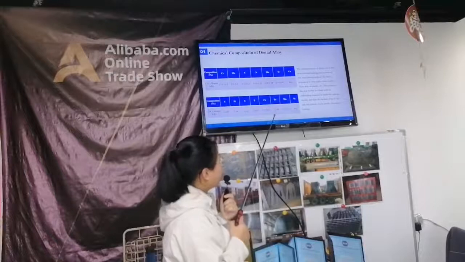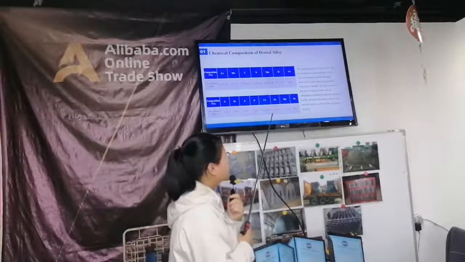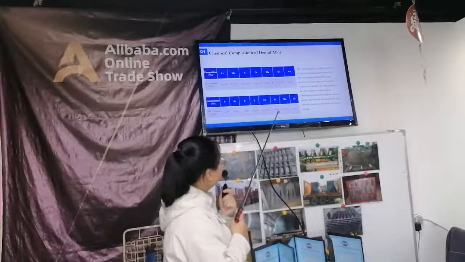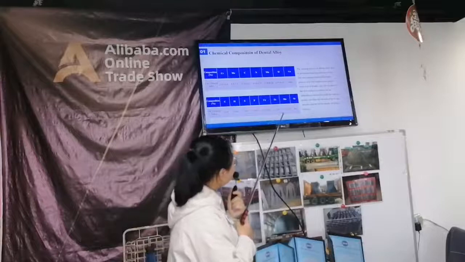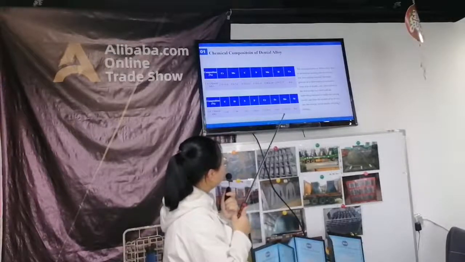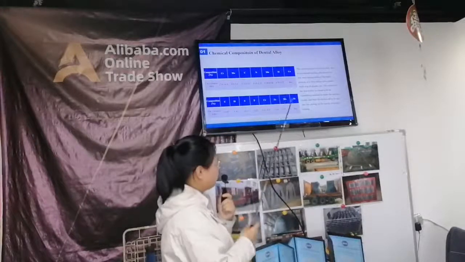For iron, it's less than 2.0%. For molybdenum, it's 9.0 to 11.0%, and the nickel is balanced.